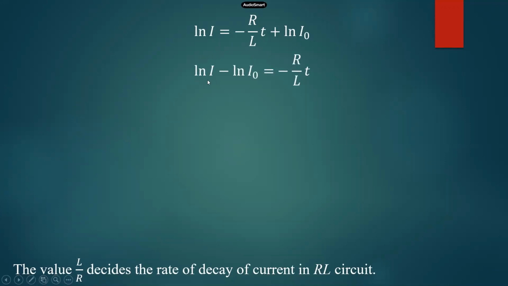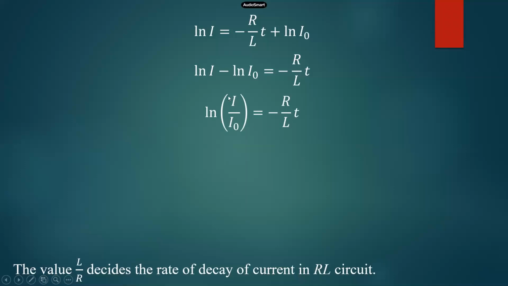You will get ln of I minus ln of I naught is equal to minus R by L into t. This is of the form ln of m minus ln of n, which is ln of m by n. So this will be ln of I by I naught is equal to minus R by L into t.